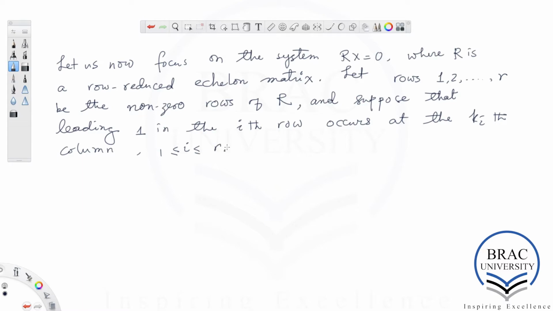Okay, good, and we can always do that since it's a row-reduced echelon matrix.